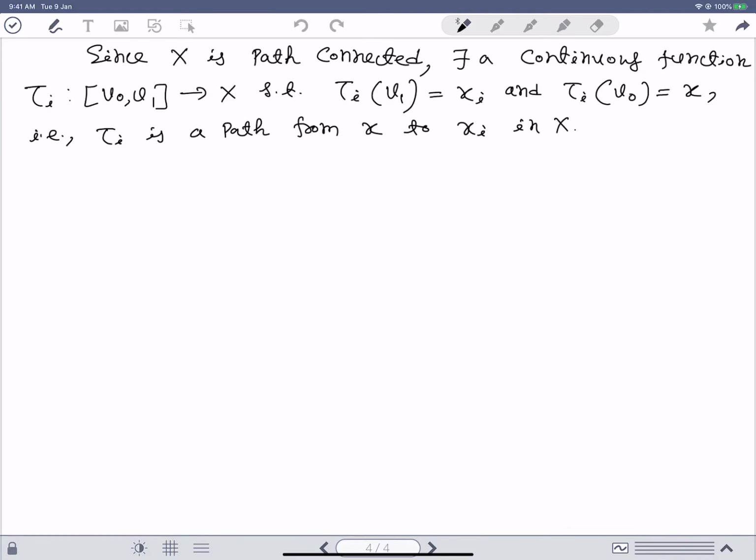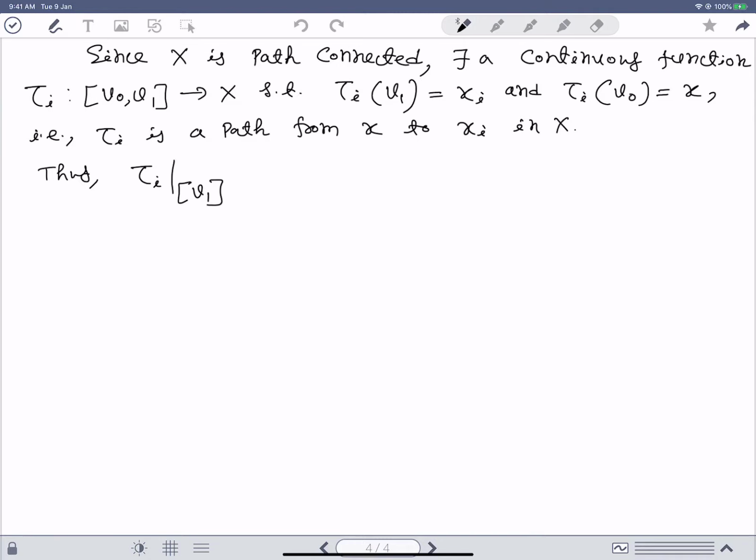Now since the domain of this path is just a closed interval, we can write that domain as an edge, right, as a delta 1. Okay. Now here, if we take this tau_i and take it restricted over v1, what will be this map? Now this map will be a map from a vertex to the point x_i, right?